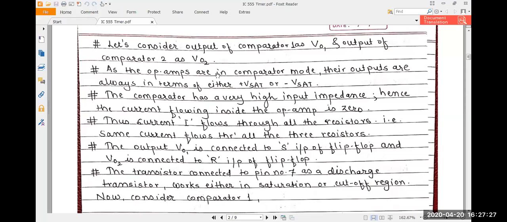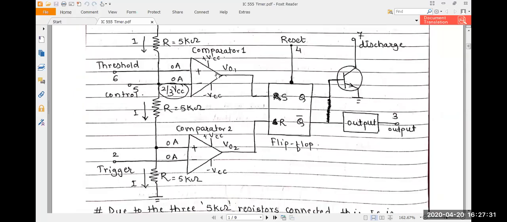Now you can see in the diagram, as we are using these comparators in open loop configuration, we always know that the input impedance of the op-amp is very high. So the current that is flowing inside the op-amp is always zero.